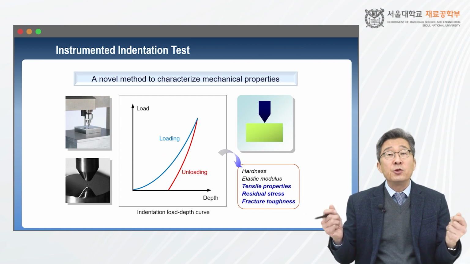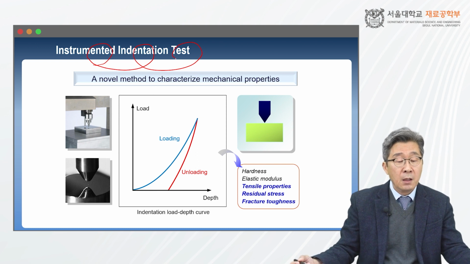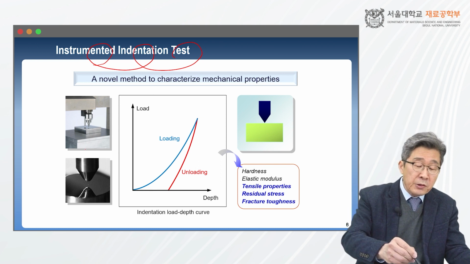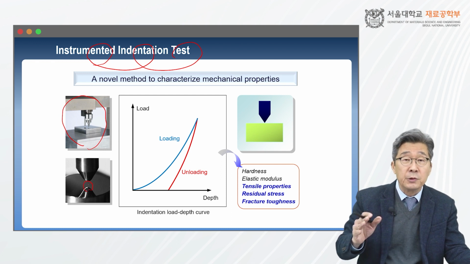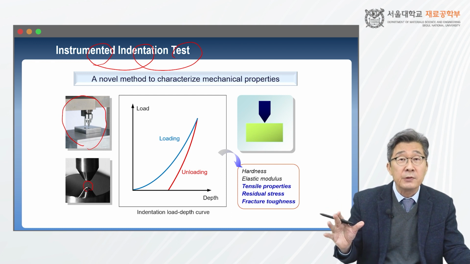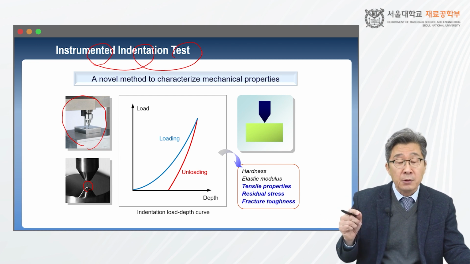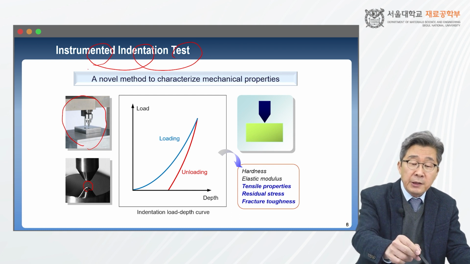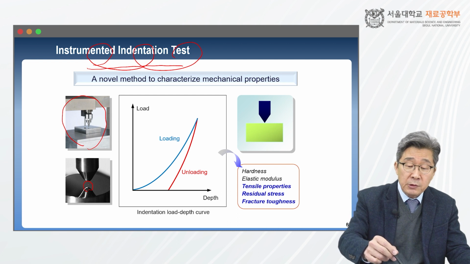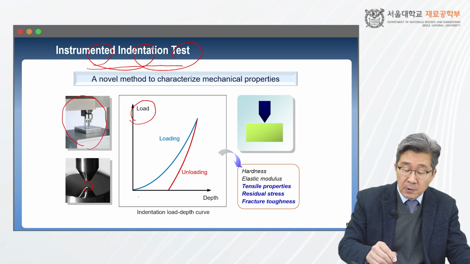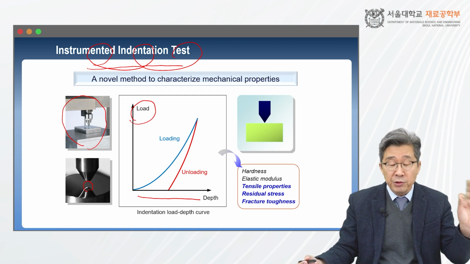What is instrumented indentation testing? You can imagine a conventional hardness test in which hardness can be measured from the residual imprint size, which is the resistance of a material to penetration. However, in the case of indentation testing, we can monitor indenting load and penetration depth of the indenter into a material.